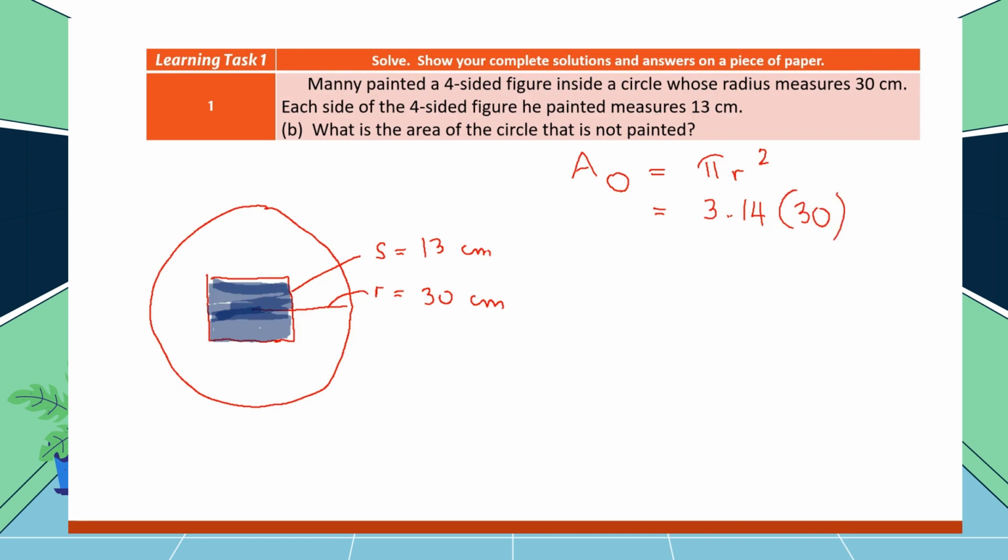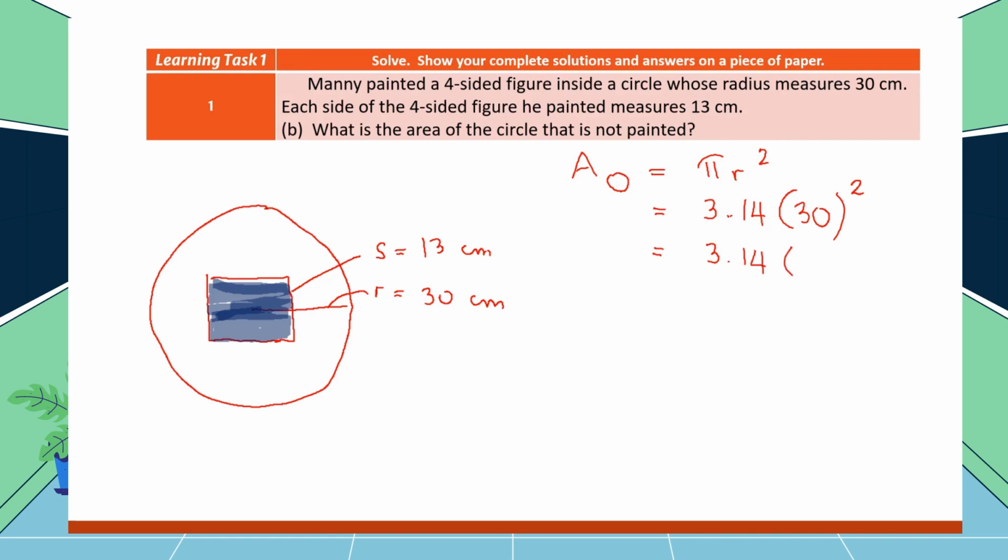Kasi ayon sa formula, it should be r to the second power. Kaya naman, magkakaroon tayo ng 30 to the second power. Okay? If we are going to continue this, ay di 3.14, okay, times 30 squared.